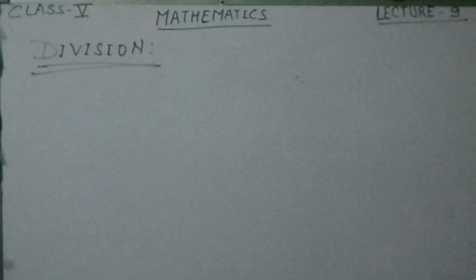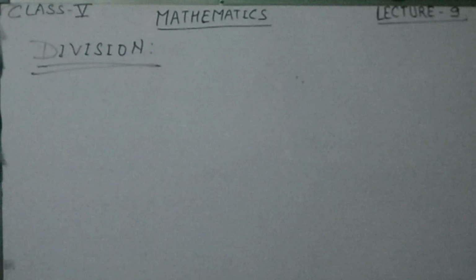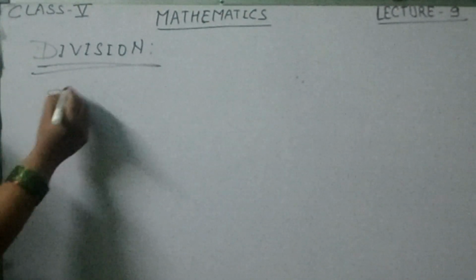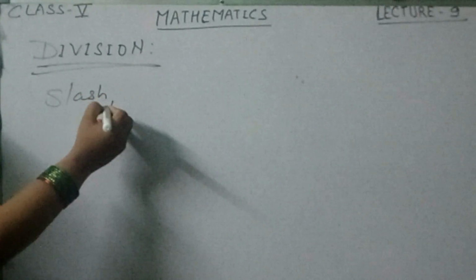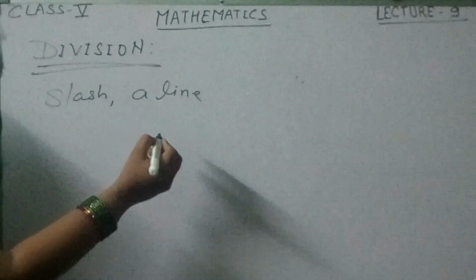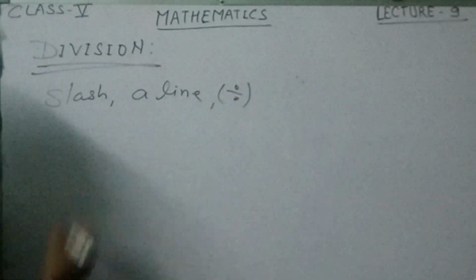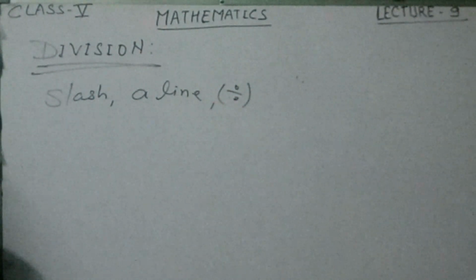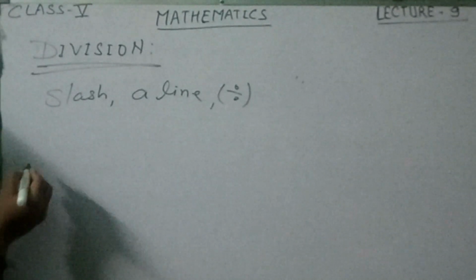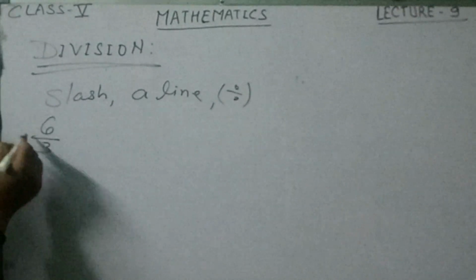Some symbols are used for division. That means slash, a line, or the division sign. Slash, how we will use the slash? See here, 6 by 3. That means you have to divide.